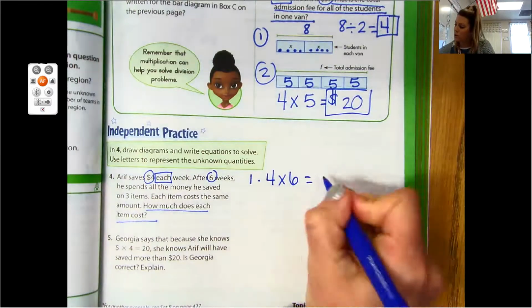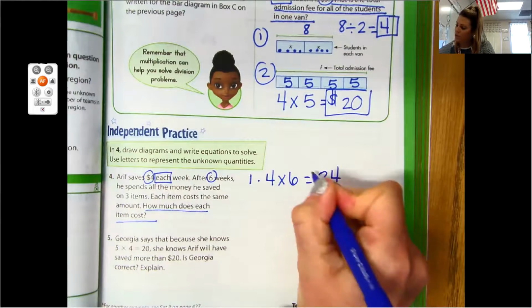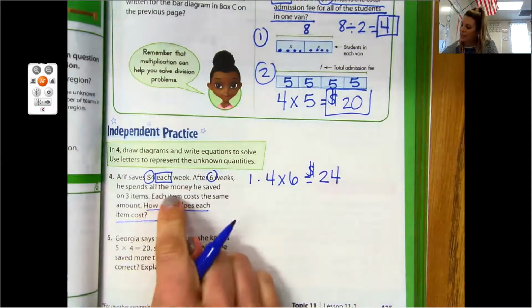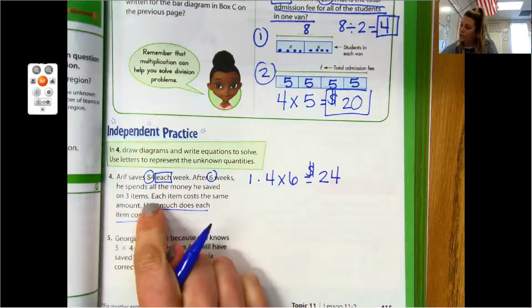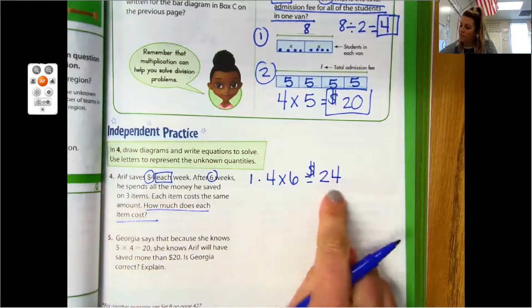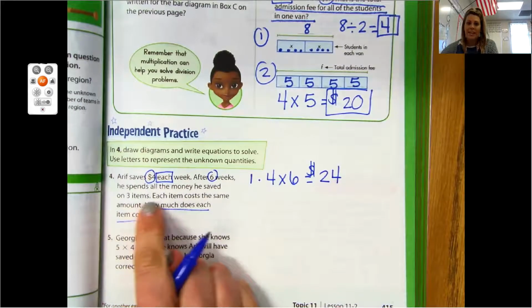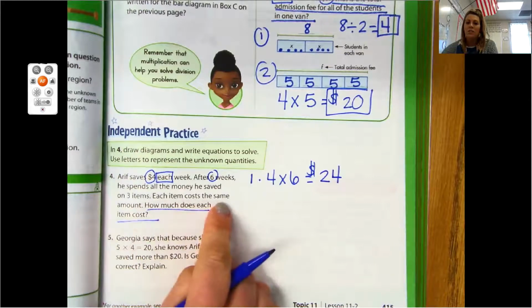It equals 24, right? So we know now he has $24, right? And he is going to spend all of it on 3 items. Each item costs the same.